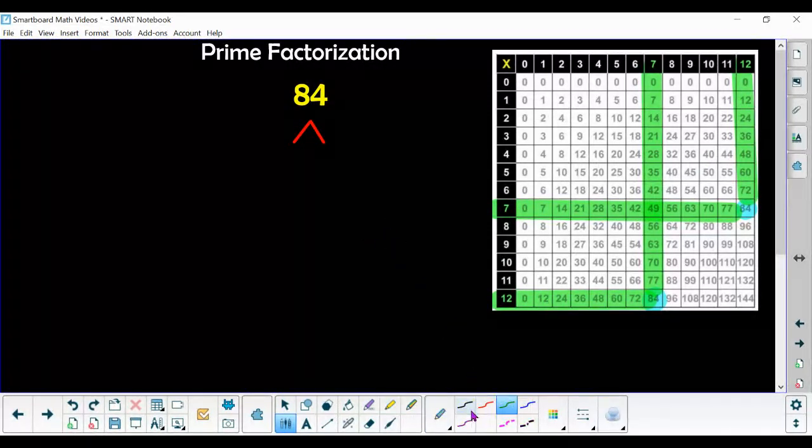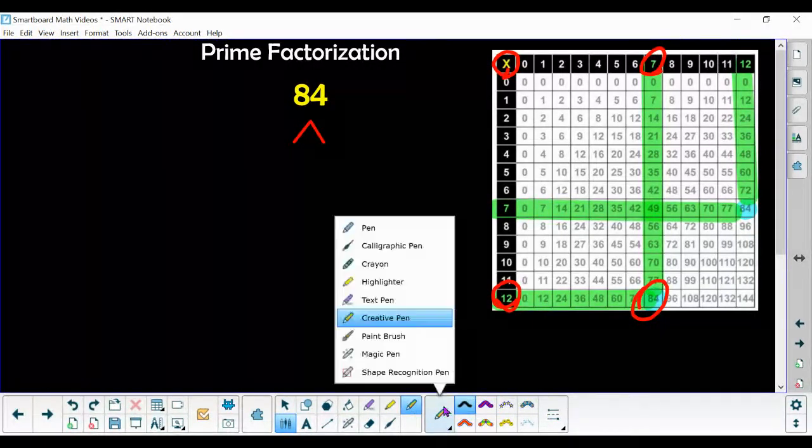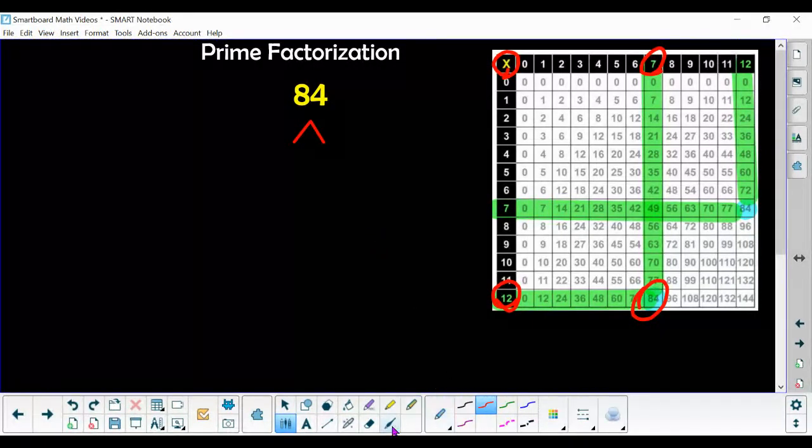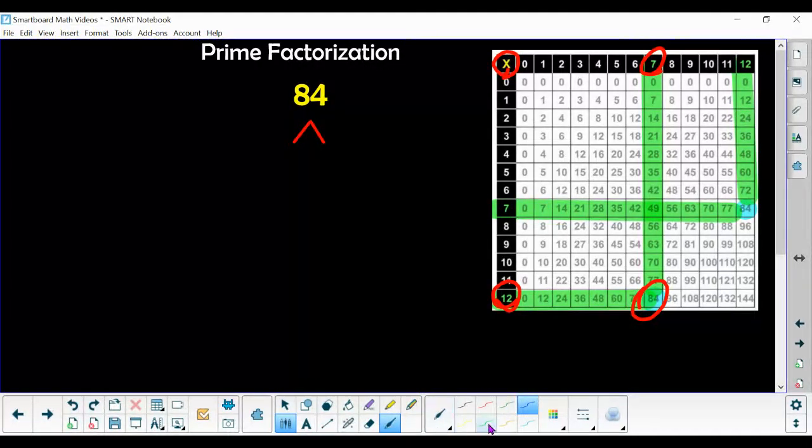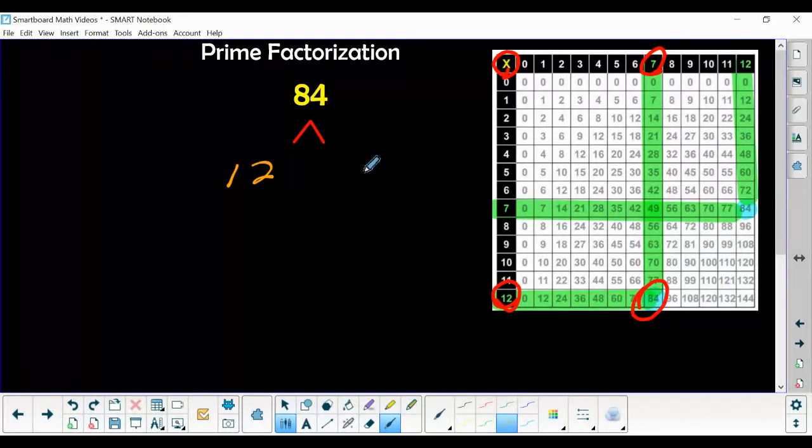So if you multiply 12 times 7, it gives you 84. So I could use right here the factors 12 and 7. Those are my factors. So I'm going to put right here 12 and 7.